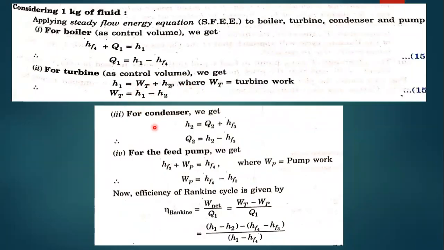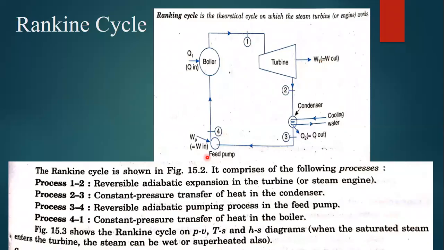In the same way for the condenser, the process is going to be 2 to 3, and this is Q out. Since it is a heat rejection process, we need to take this on the RHS side, and this is the input here. So H2 is equal to Q out, or Q2, plus H3, steam at enthalpy H3.